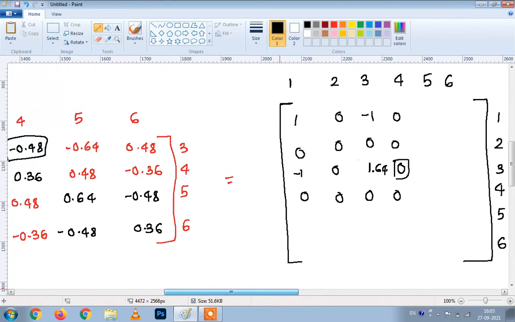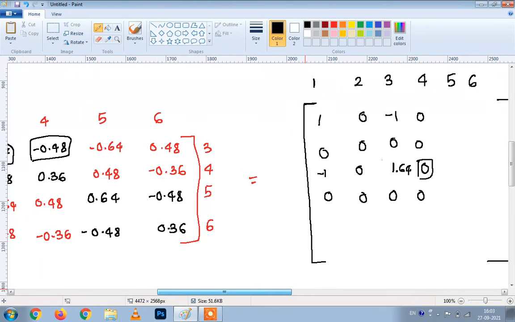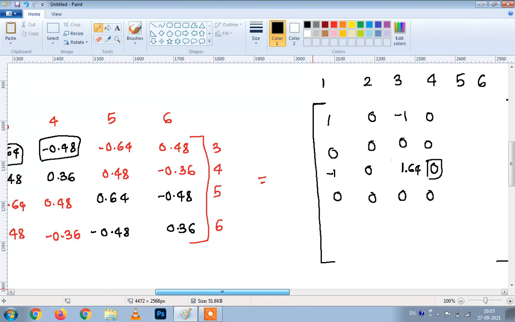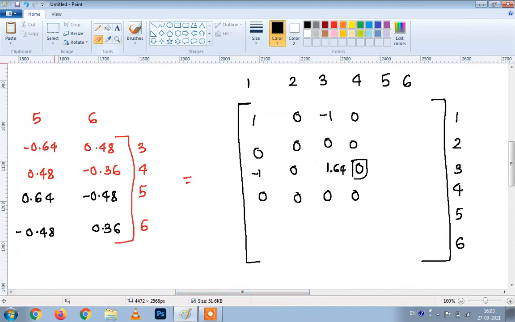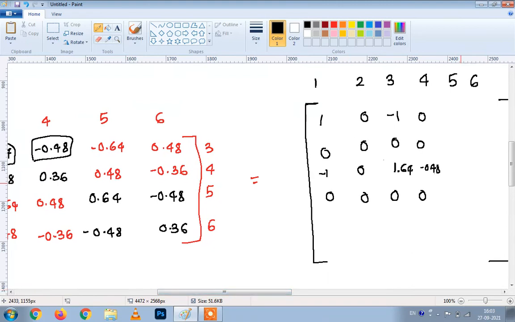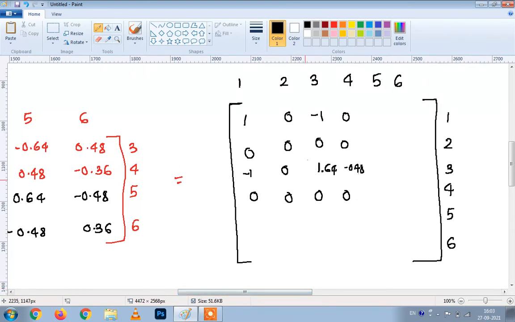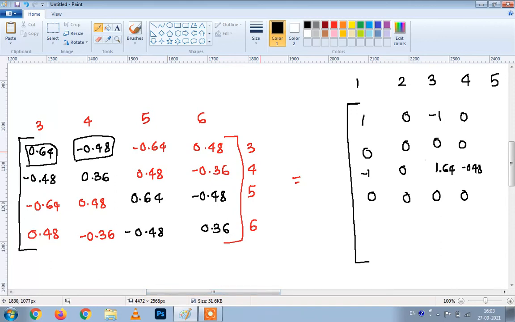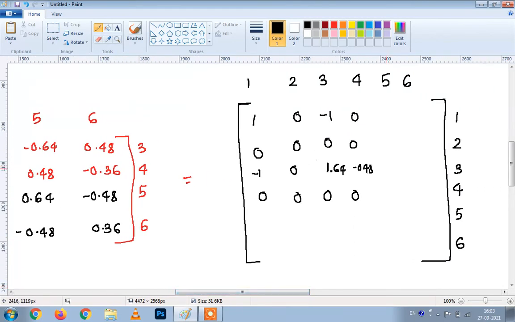As the present number is 0, 0 minus 0.48 will become minus 0.48 here. Now the other elements, as no elements are present, we can write these two elements from row number 3 like this, 0.64 and 0.48, and complete this line.